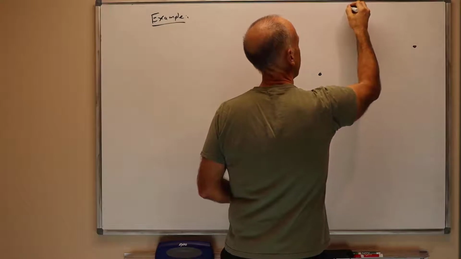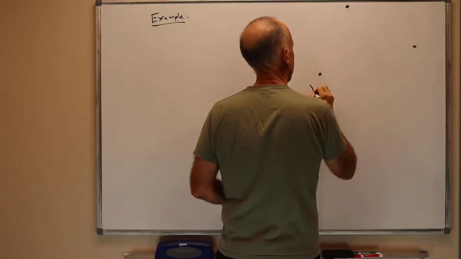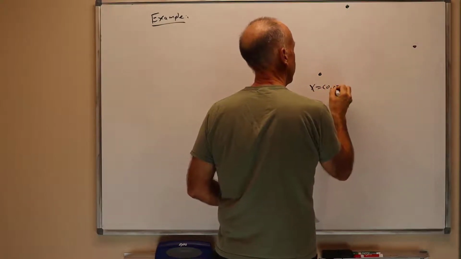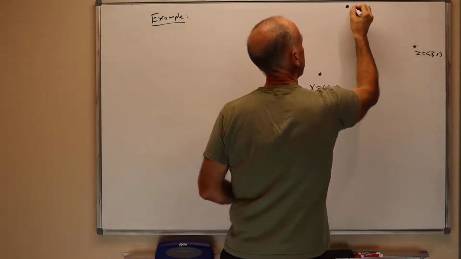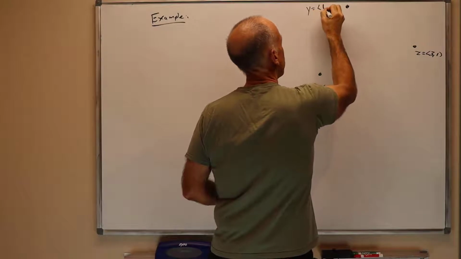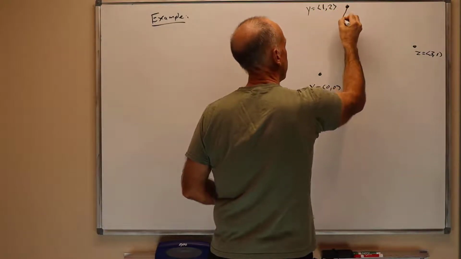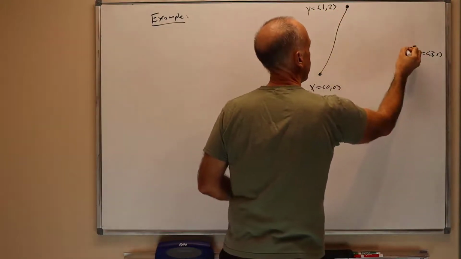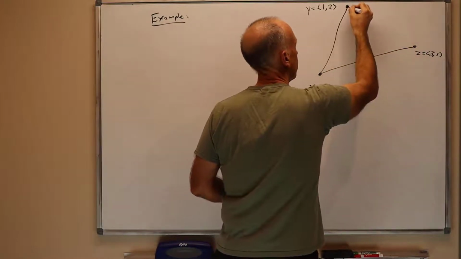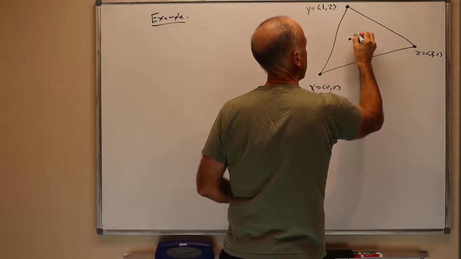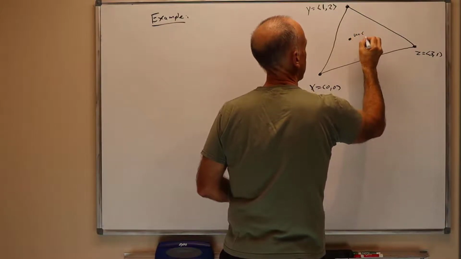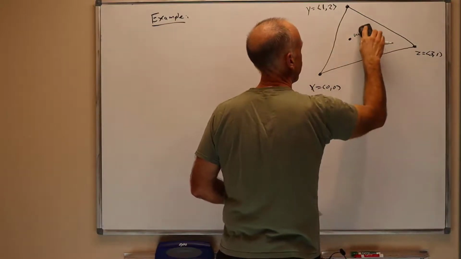So let me get a triangle here. I'll take x equals 0, 0, z equals 3, 1, and y equals 1, 2. And the point U will equal 1, 1. Let me draw a little more to scale.